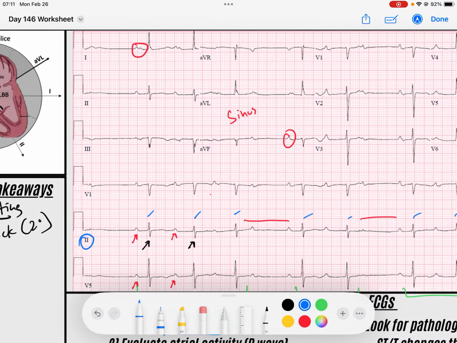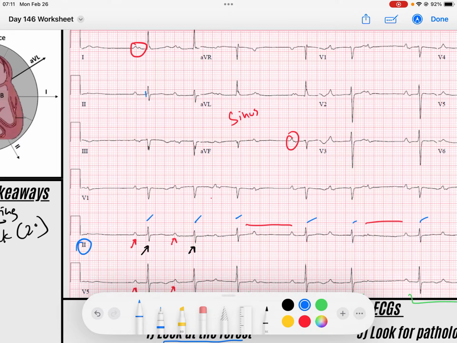If you look here, our first PR interval, in this first series, is a little long. That PR interval is maybe 7 small boxes, so that is 280 milliseconds. Next PR interval, we always need to look through all the different PR intervals. The next PR interval looks a little longer.